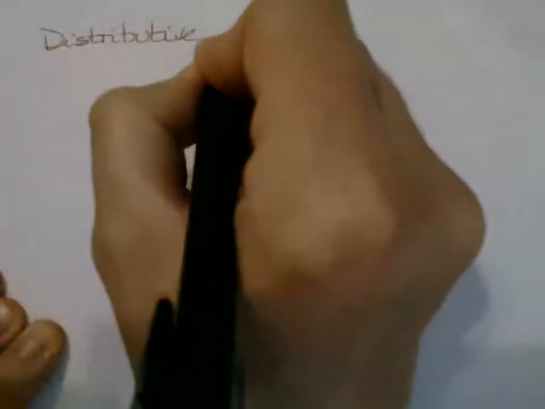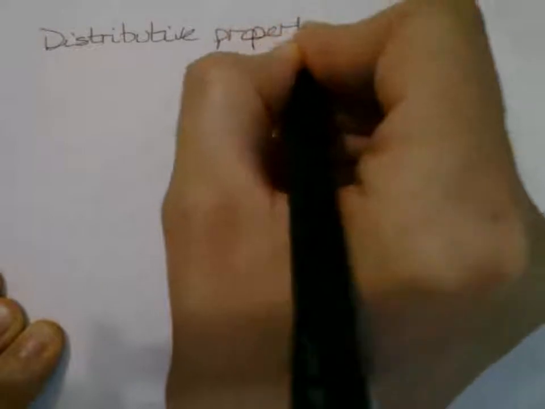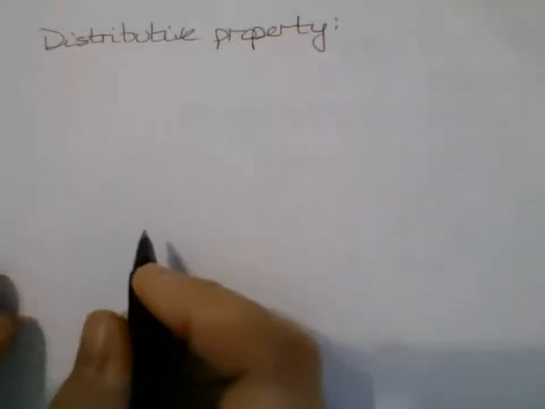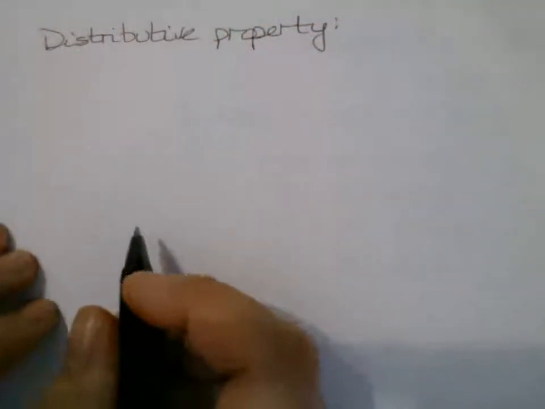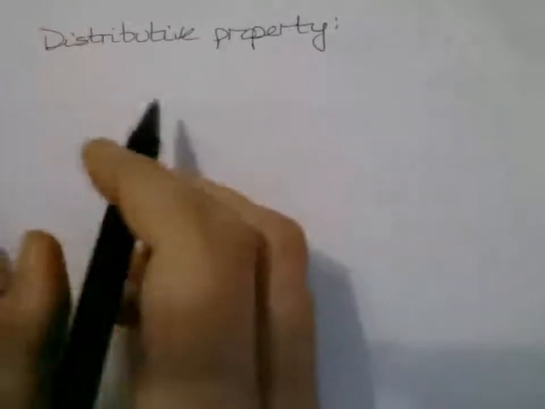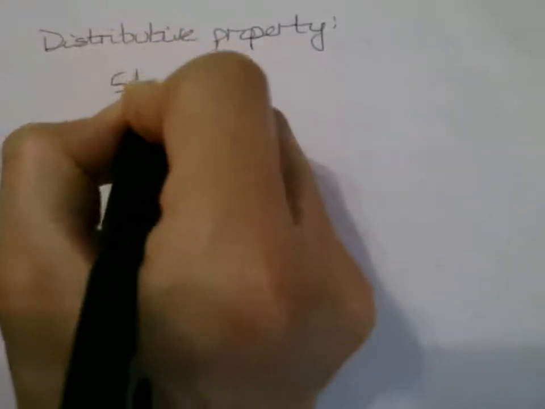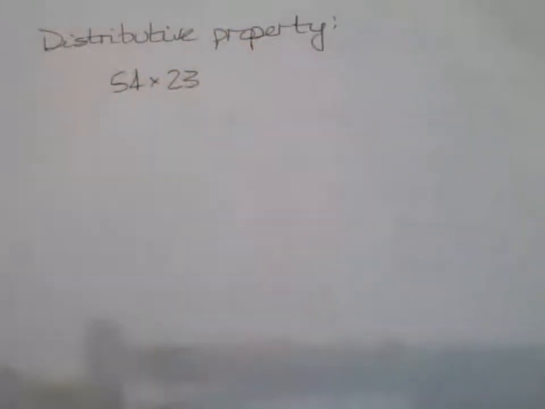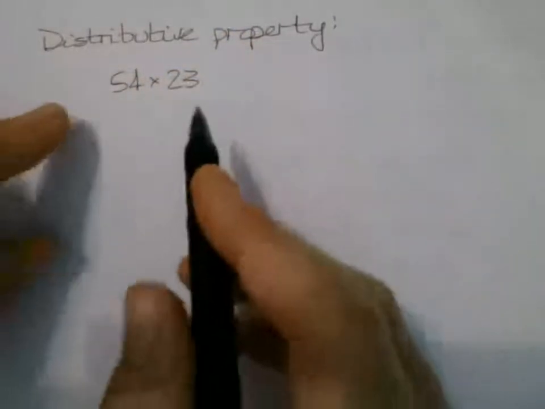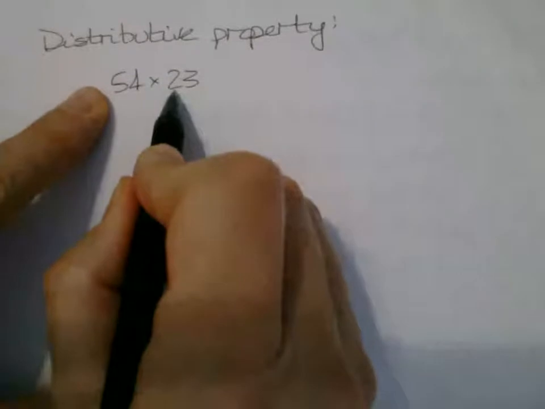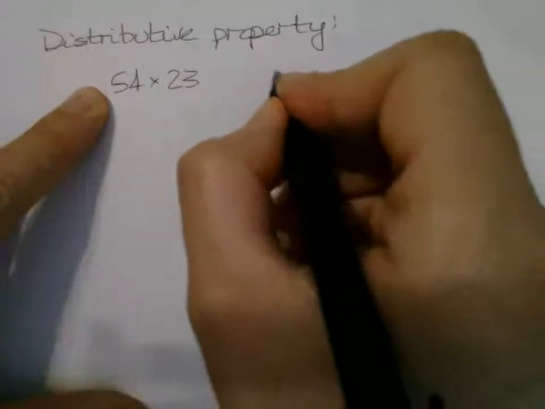Another strategy that we can use is the distributive property. And that is to realize that these two-digit numbers are tens place and ones place. So if I want to do, let's say, 54 times 23, well, I can multiply the tens place.